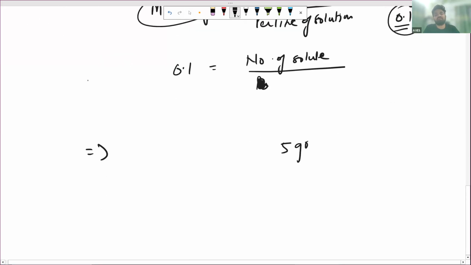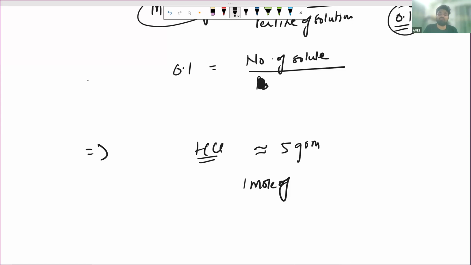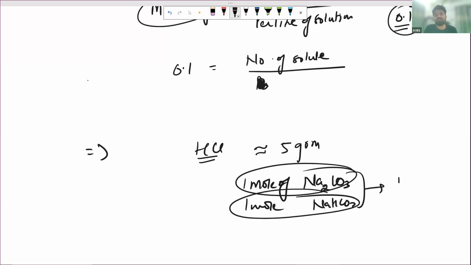Now it is 5 grams, the approximate answer: 5 grams of HCl will be required to completely react with 1 mole of Na2CO3 and 1 mole of NaHCO3, having a total of 1 gram. They are equimolar, both are equimoles and the total amount is 1 gram. Got it? Yes, sir.